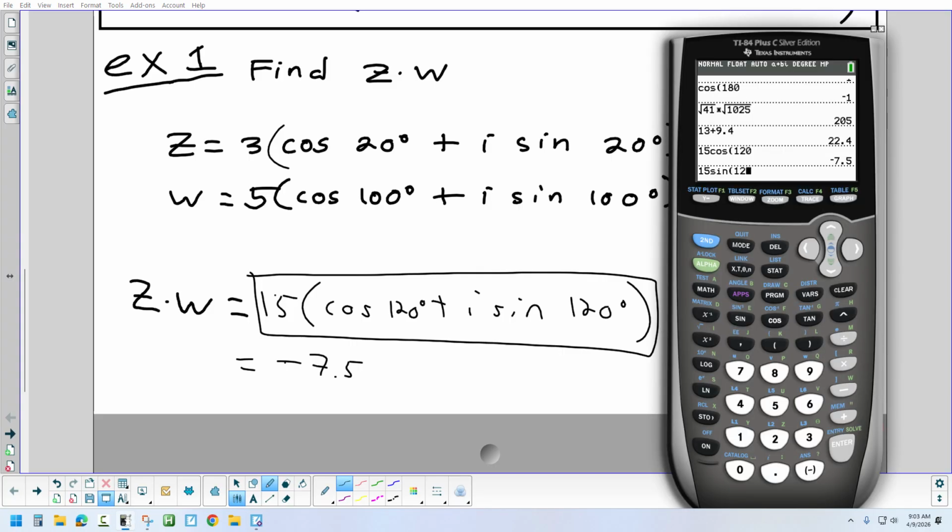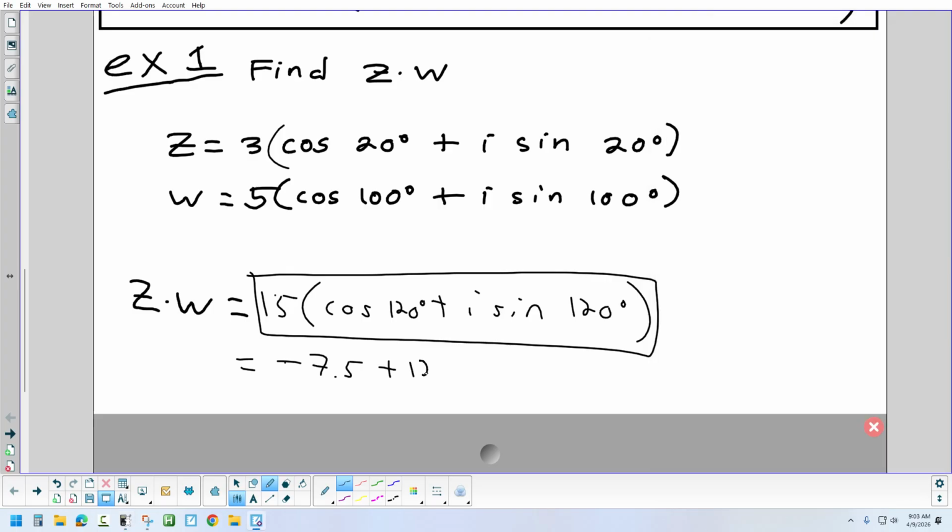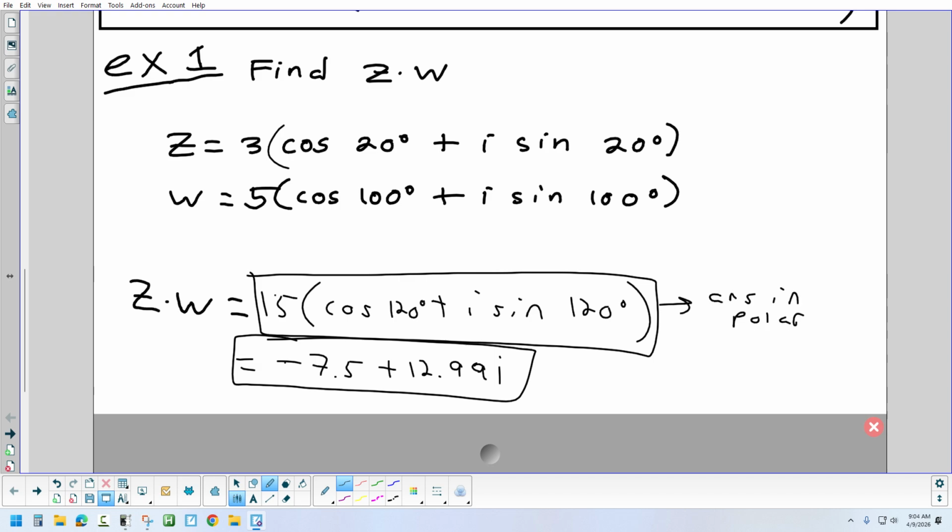Okay, so it's pretty close to 13, so I'll do 12.99. So this is also the answer. This is the answer in polar. This is the same answer in standard.